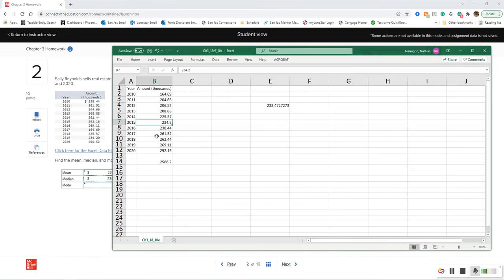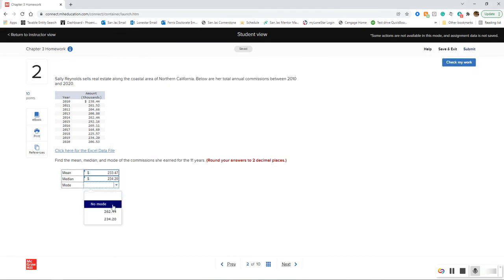Next, using our Excel data, we need to find the mode. Now, the mode is usually a number that repeats itself, which we really don't have. We don't have one number that repeats itself on its own. So, let's see if the software will actually give us one.